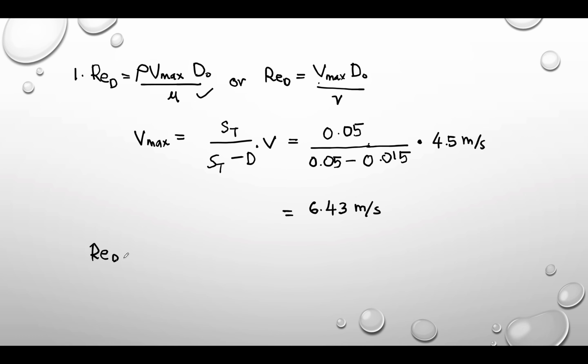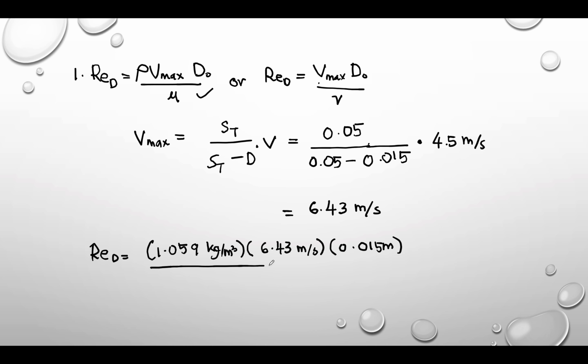So your Reynolds number equation becomes: rho is 1.059 kilogram per meter cubed, times the maximum velocity 6.43 meters per second, times the diameter 0.015 meter, and divided by your mu, which is 2.008 times 10 to the power of minus 5 kilogram per meter dot second.